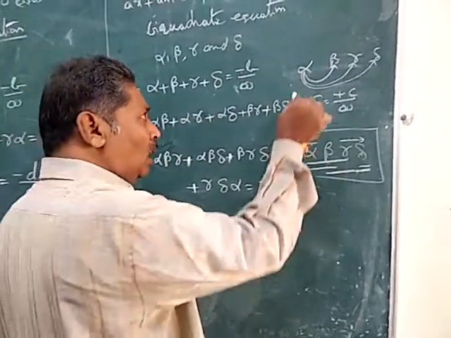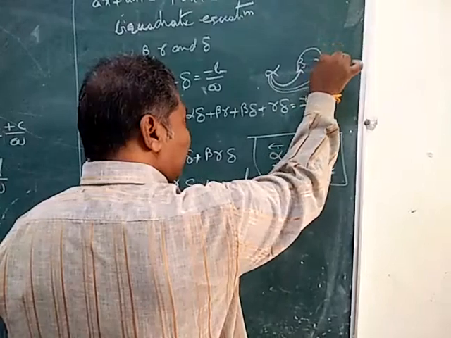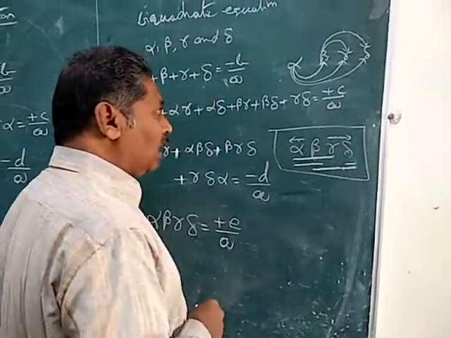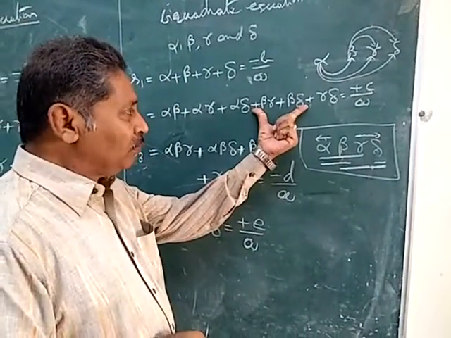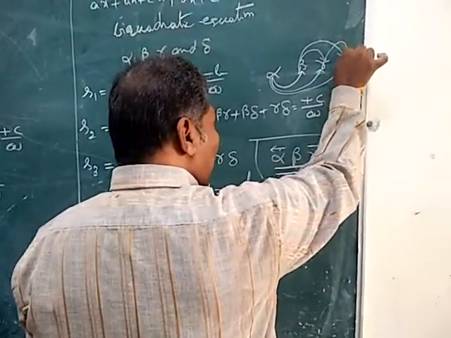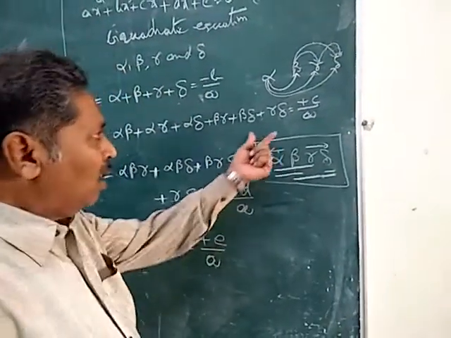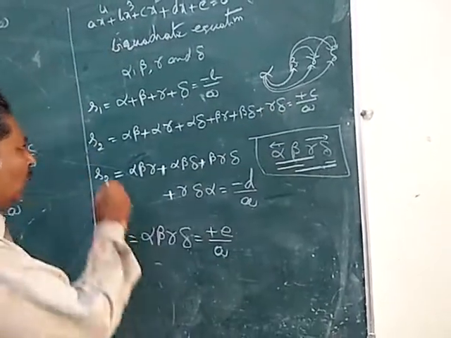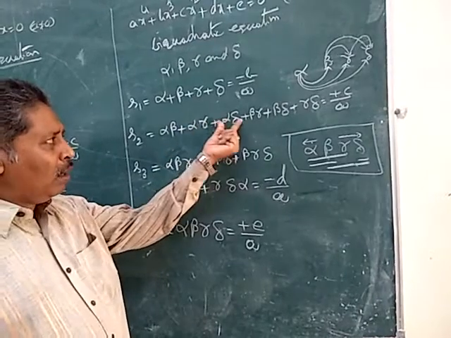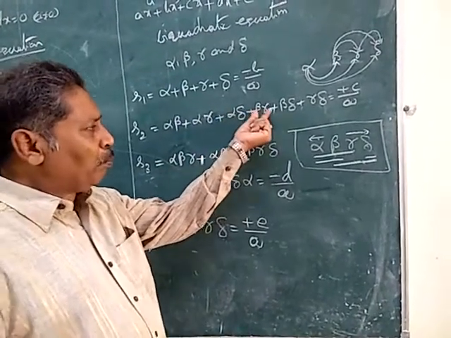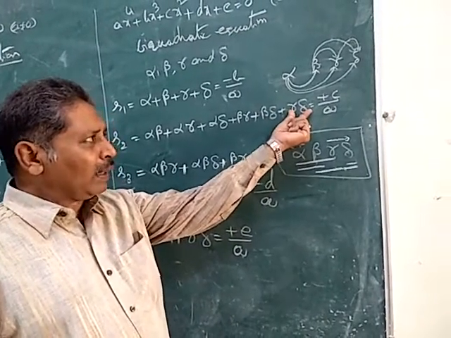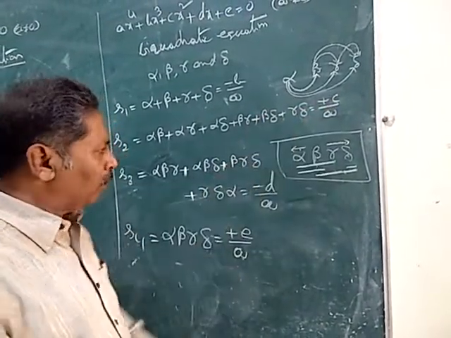Next, start with beta: beta gamma, beta delta, the next two pairs. Next, start with gamma: gamma delta is the last one. So S2 is alpha beta plus alpha gamma plus alpha delta plus beta gamma plus beta delta plus gamma delta, that is plus c by a.